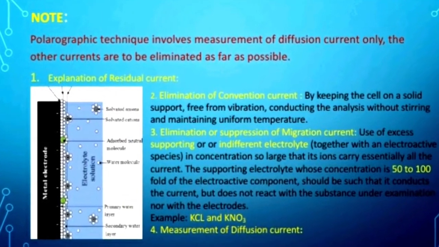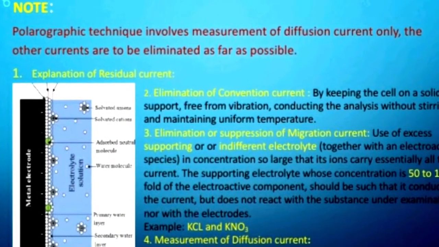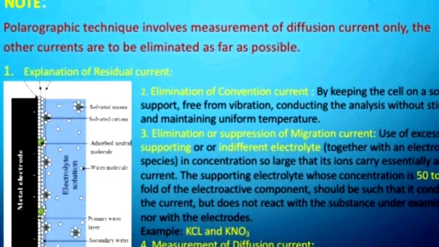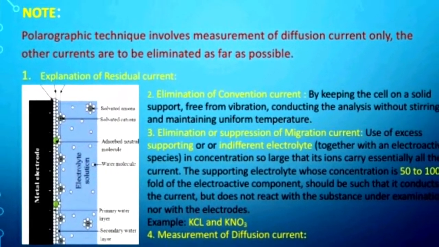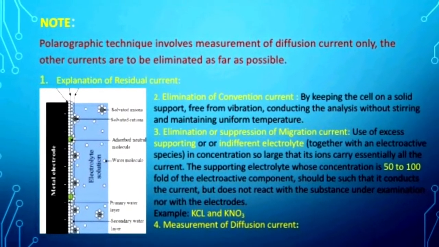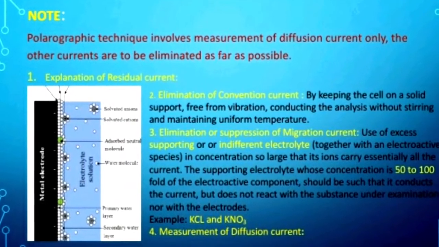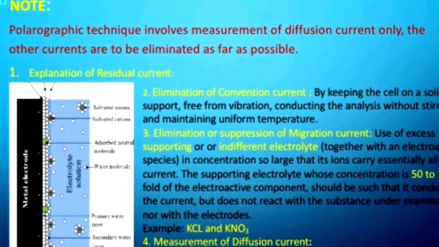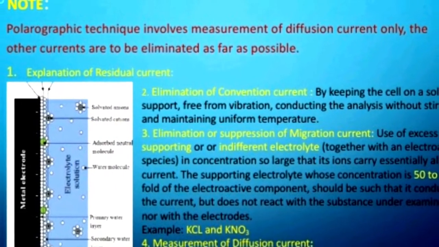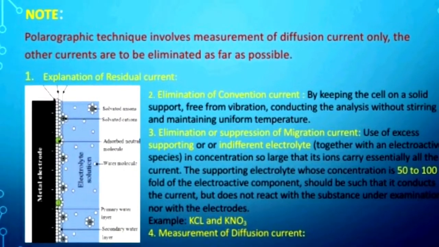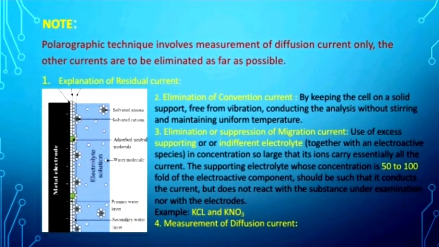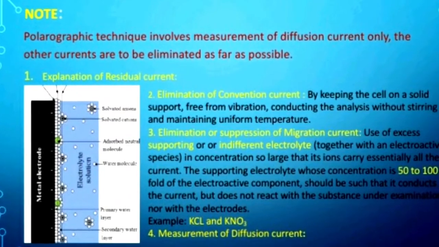Further, a small amount of current will also result due to the reduction of small amounts of heavy metal impurities. These heavy metal impurities will be present in the distilled water that we use to prepare the electrolytic solution, which may be contaminated with some heavy metals.